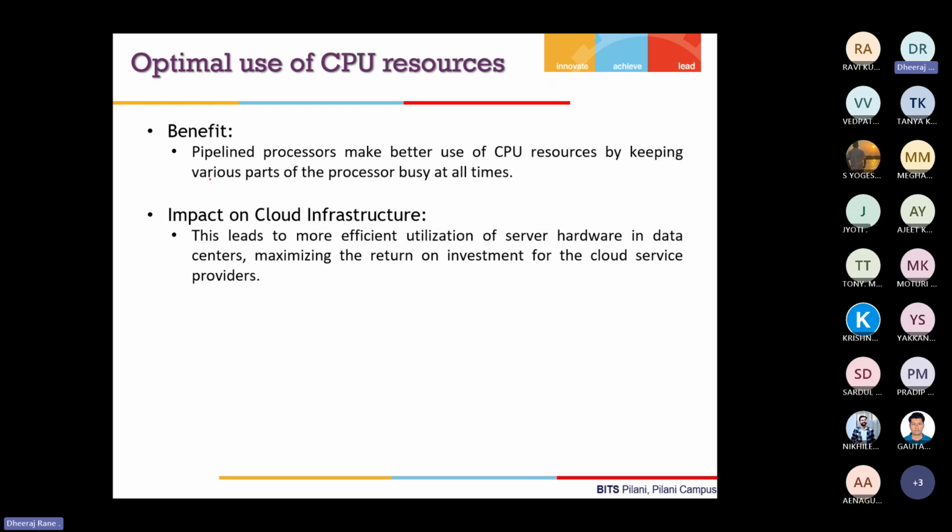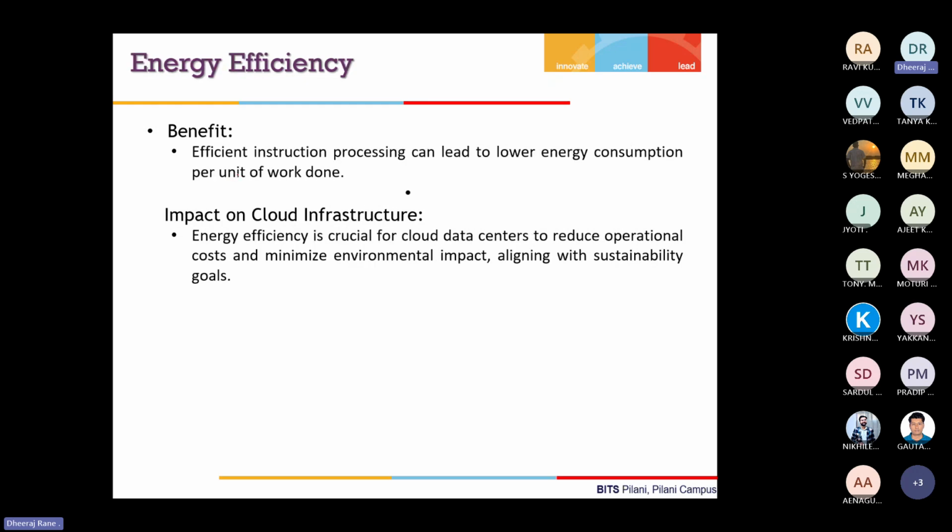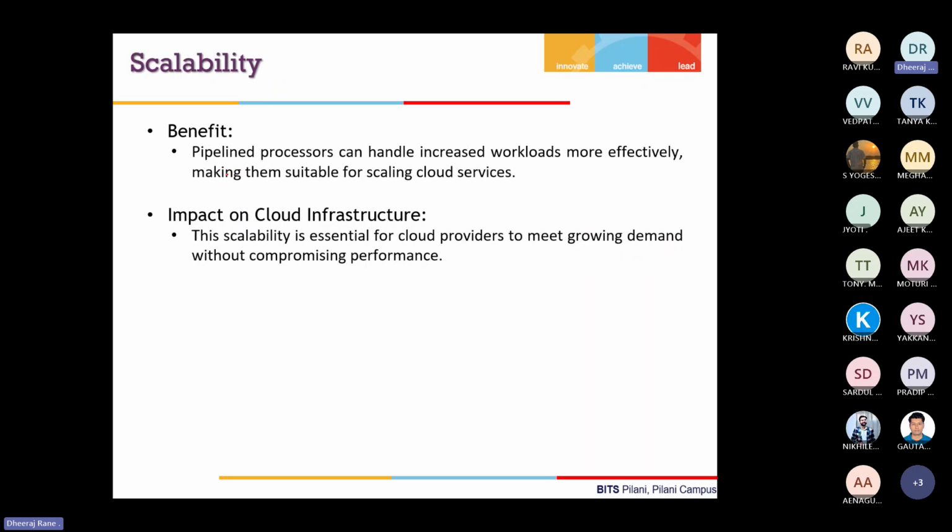Latency will be reduced, and optimal use of CPU resources is quite obvious. Energy efficiency will be there because, corresponding to a single clock, we are able to execute multiple instructions.